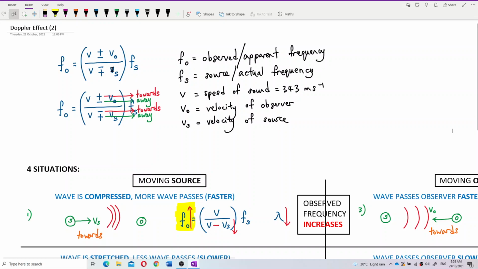Don't get mixed up and say that vs is the speed of sound. No, vs is the speed or velocity of the source.